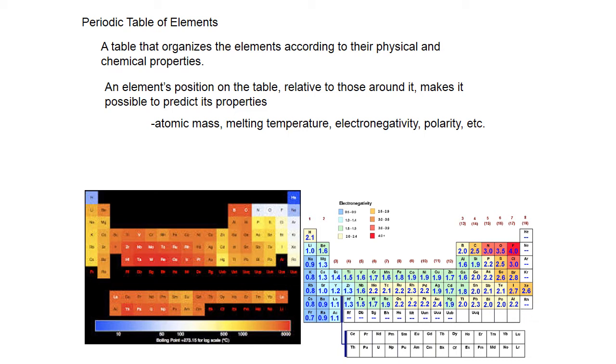As a result of these patterns, an element's position on the table relative to those around it makes it possible to predict its properties, such as atomic mass, melting temperature, electronegativity, or polarity. Some periodic tables are even colored and labeled to focus on some of these properties and help reveal the patterns.